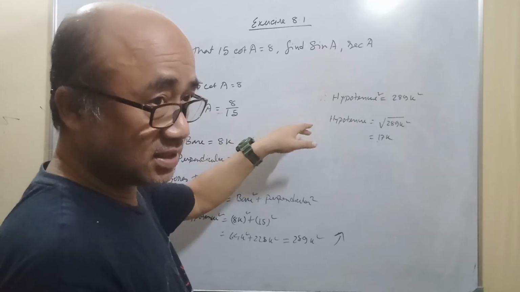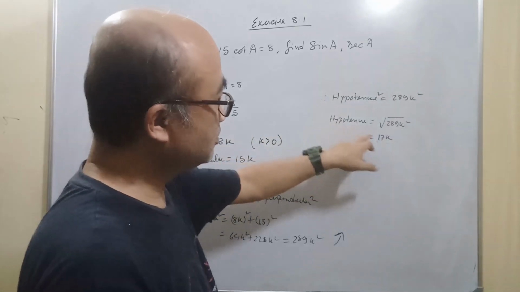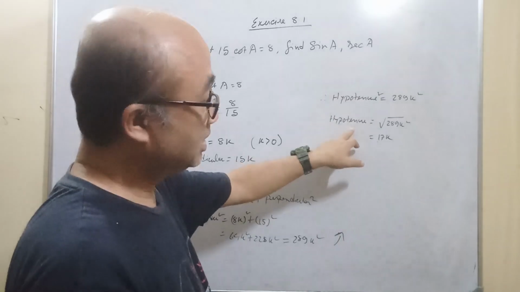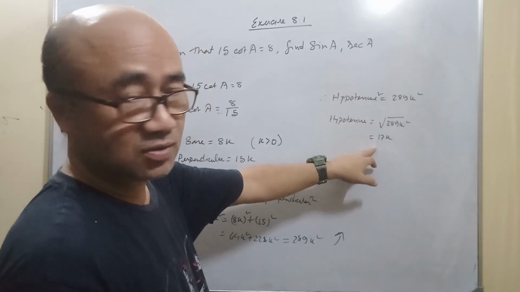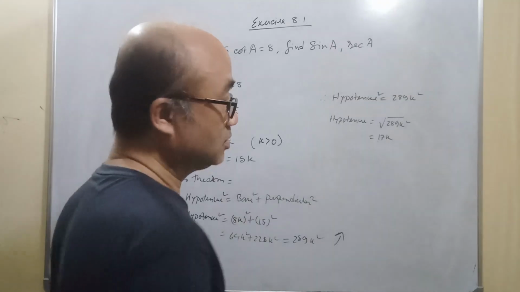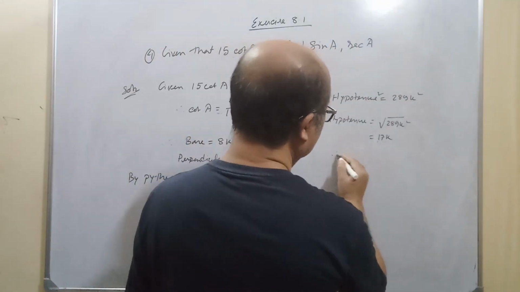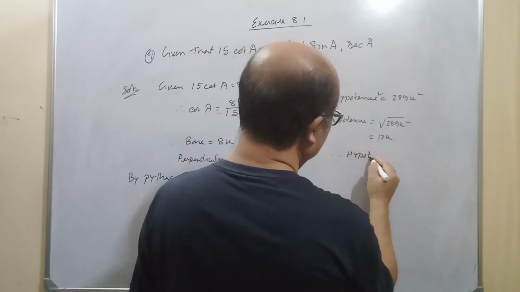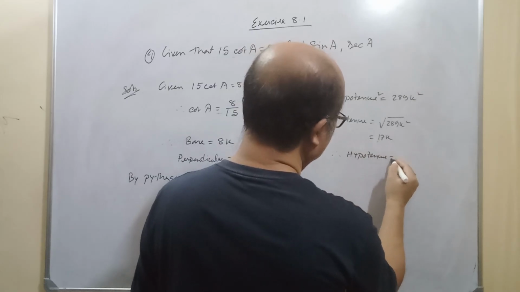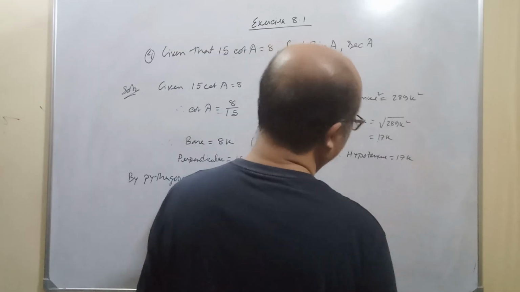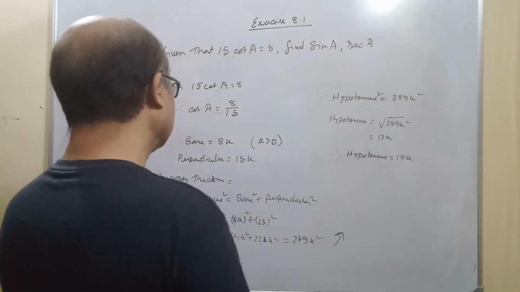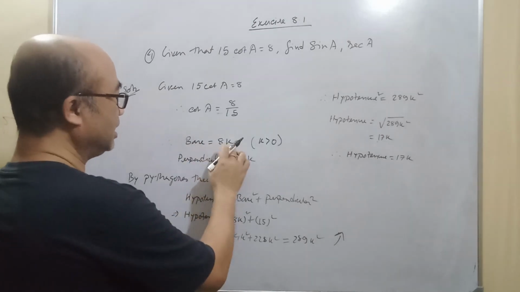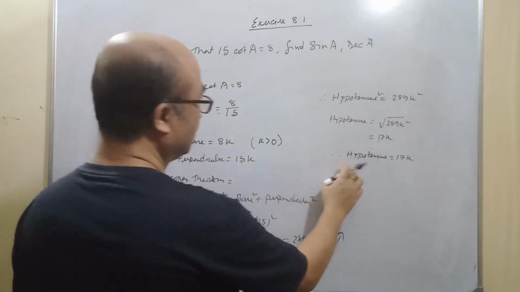Hypotenuse is a length, it cannot be negative, so we have to take the positive value. So hypotenuse is 17k.